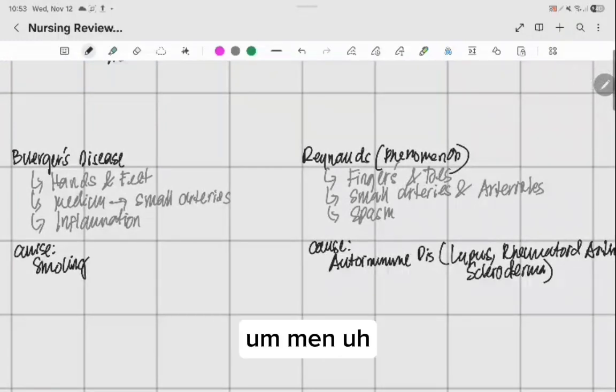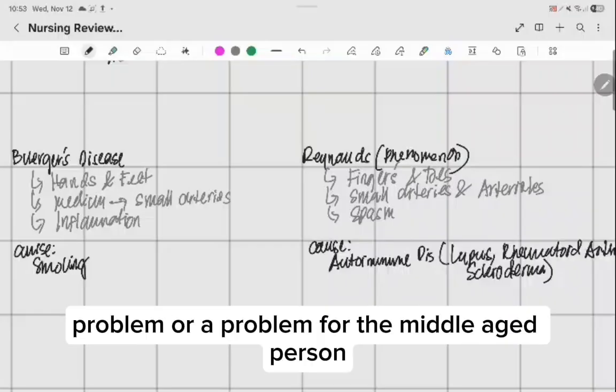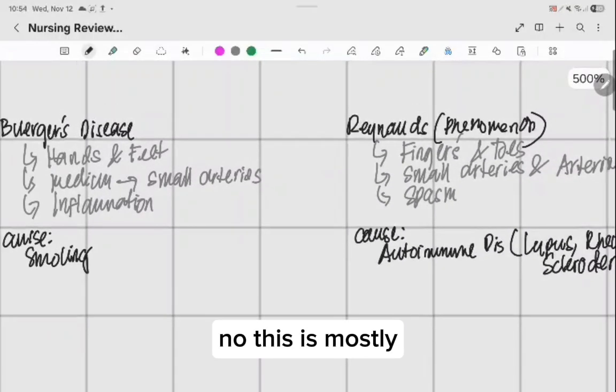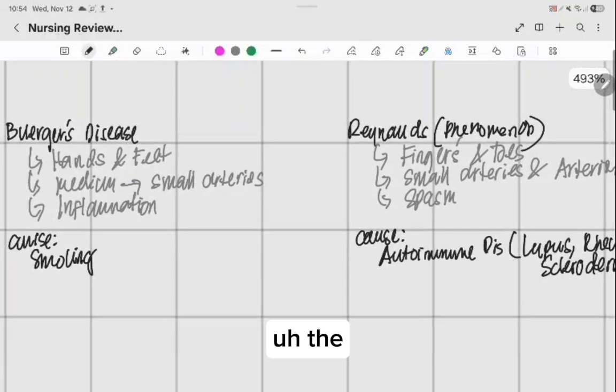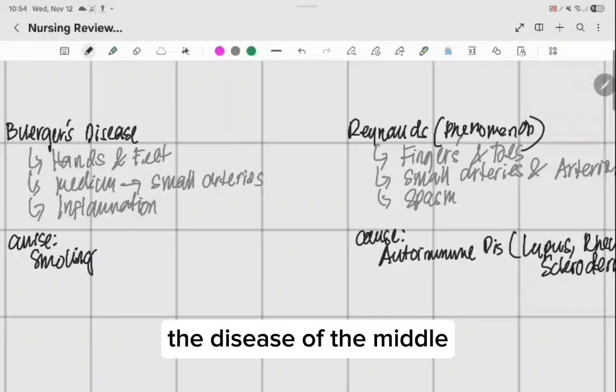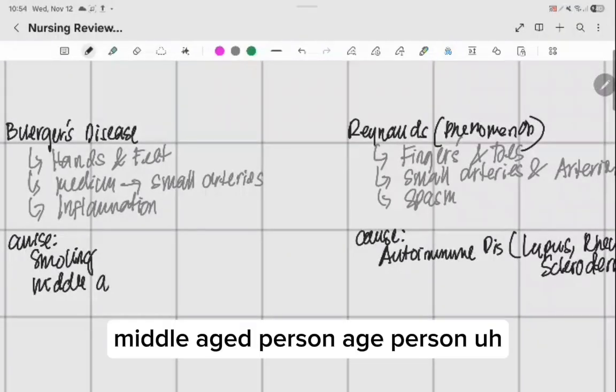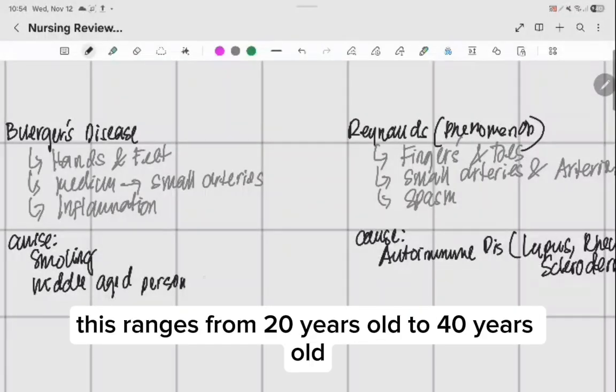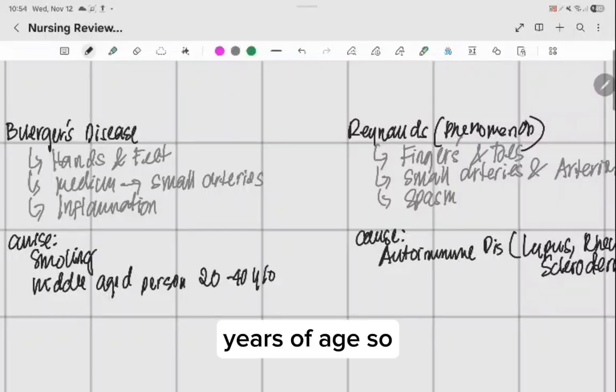This is a problem for the middle-aged person. This is mostly a disease of the middle-aged person, ranging from 20 to 40 years of age.